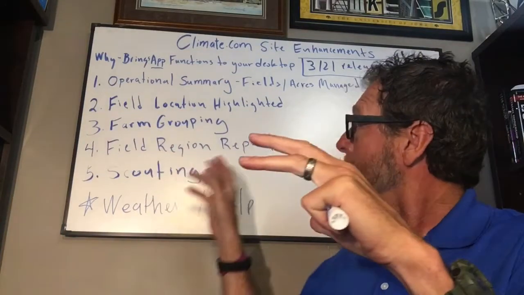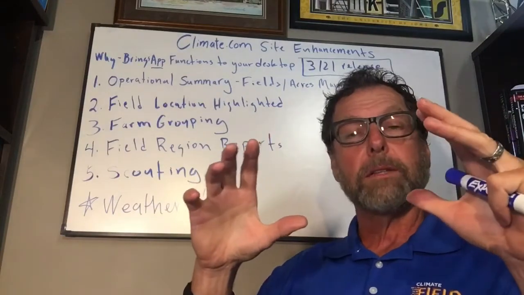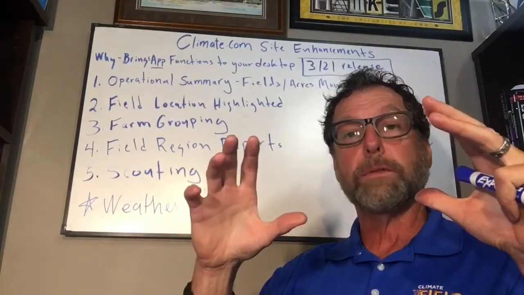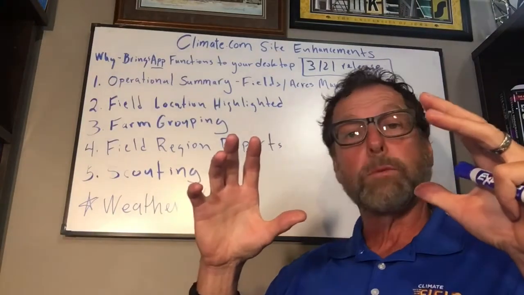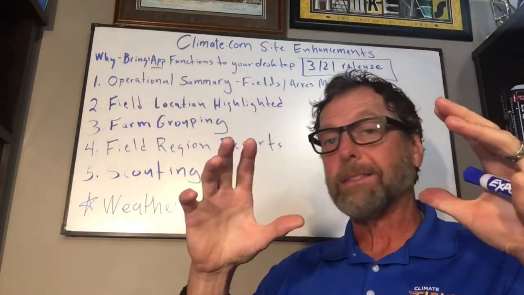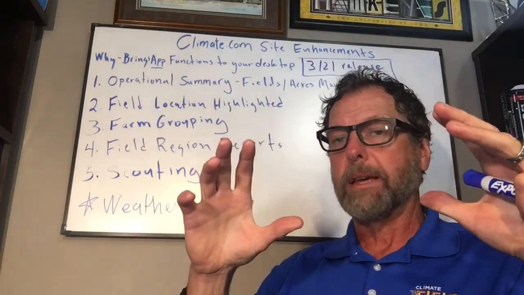The other thing that I should have put on here as well is there is more of a yield analysis tool now. It's in its first phase, and I'll show you that. That's that field region report yield analysis tool. So now that's on there as well. You'll be able to understand the hybrids you've planted on that field.